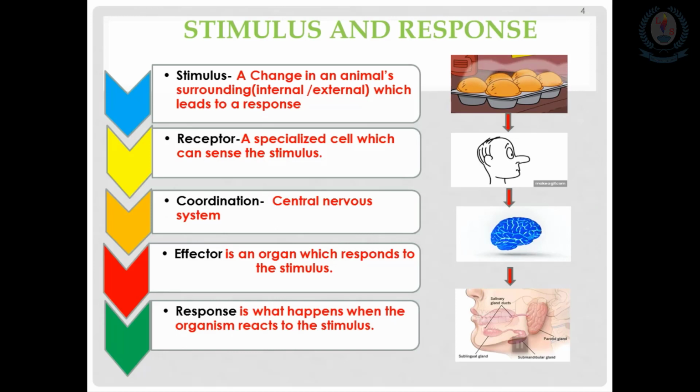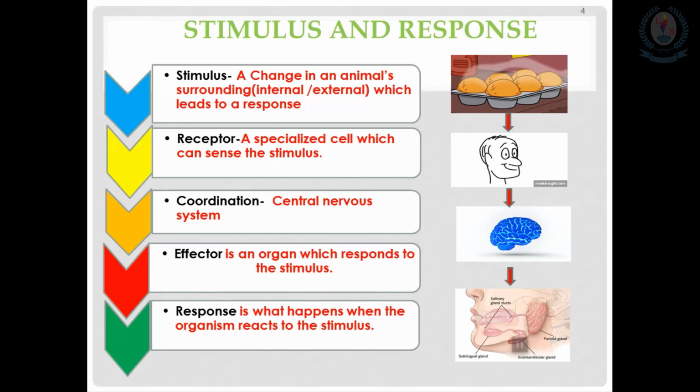Similarly, in order for living organisms to find food, avoid danger, find a mate, basically everything they do to live, they need to be able to respond to their surroundings or any changes in their surroundings. So, a stimulus is basically a change in one's internal or external surroundings which leads to a certain response.